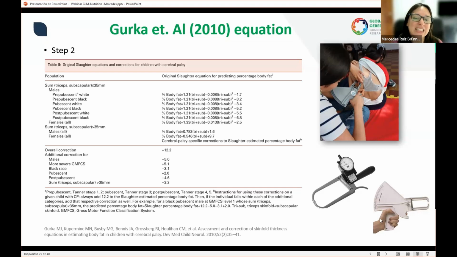They have a shorter life because sometimes they can break, but they are really cheap, and they are easy to transport and everything. So it's a good option to measure skin folds.